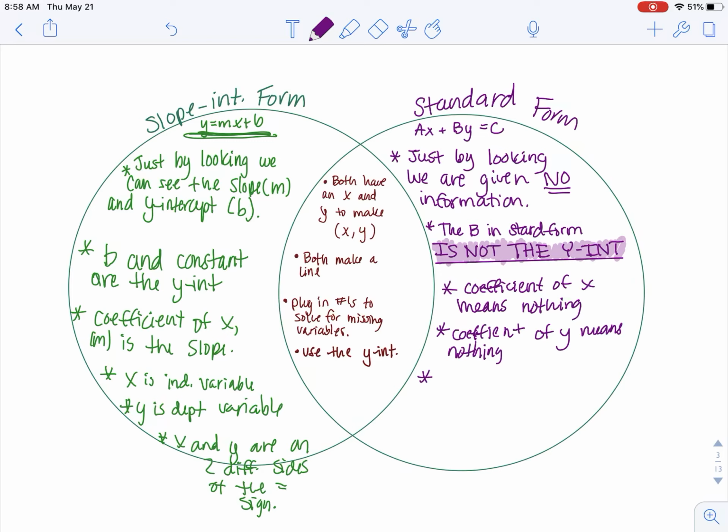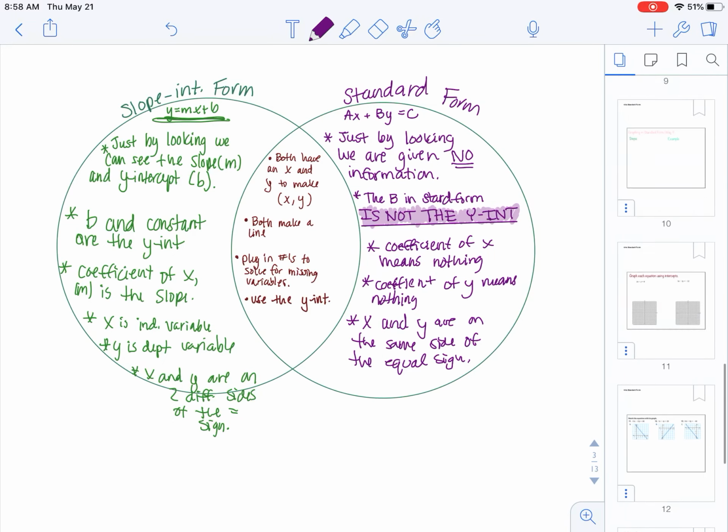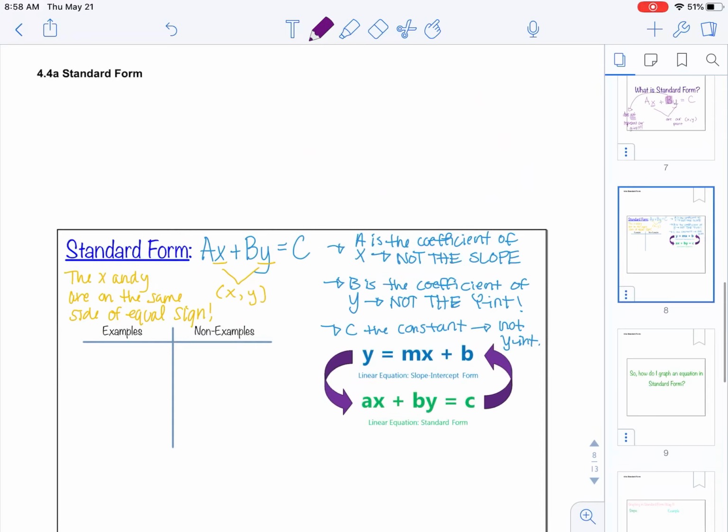They still are, because x is always independent, y is always dependent, but in the terms of a word problem, it's different. We're going to talk about that. X and y are on the same side of the equal sign. But don't worry too much about the independent dependent variable with standard form, okay? That we're going to talk more about next class, like I said, the next lesson at least, okay?